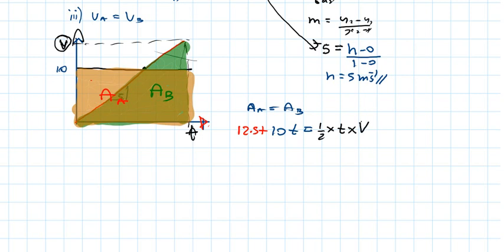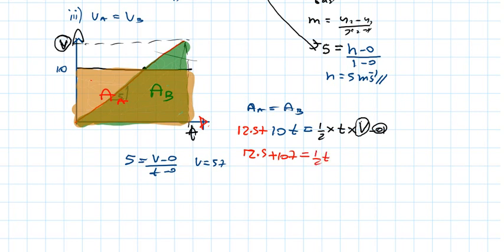Now I am going to substitute it here. 12.5 plus 10t equals half t times 5t, which is 5t squared over 2. If the maths is not clear at once, just grab it and move on. So now this looks horrible, no? Don't think too much. I will multiply this whole by 5t.